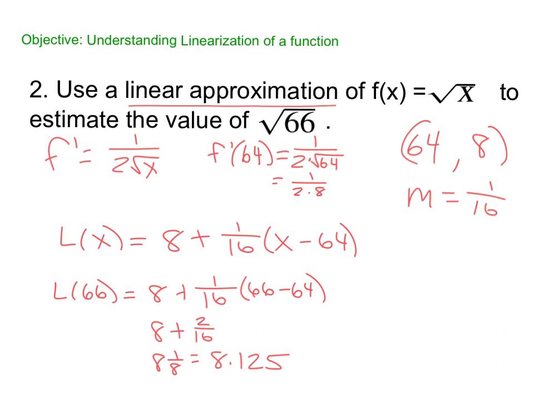Let's look at what the actual answer is. The square root of 66, let's see, is 8.124. So that's really a good estimate. So before calculators, this was a really good way to estimate a square root without a calculator.